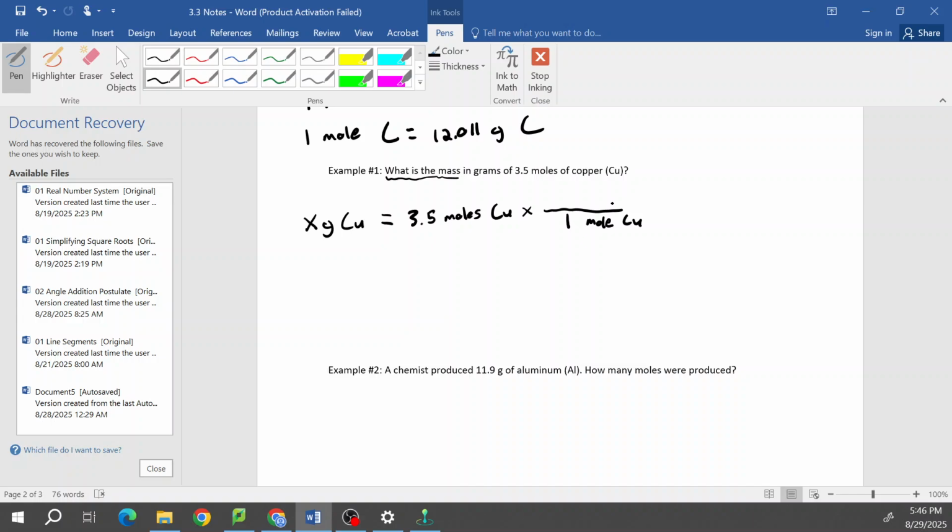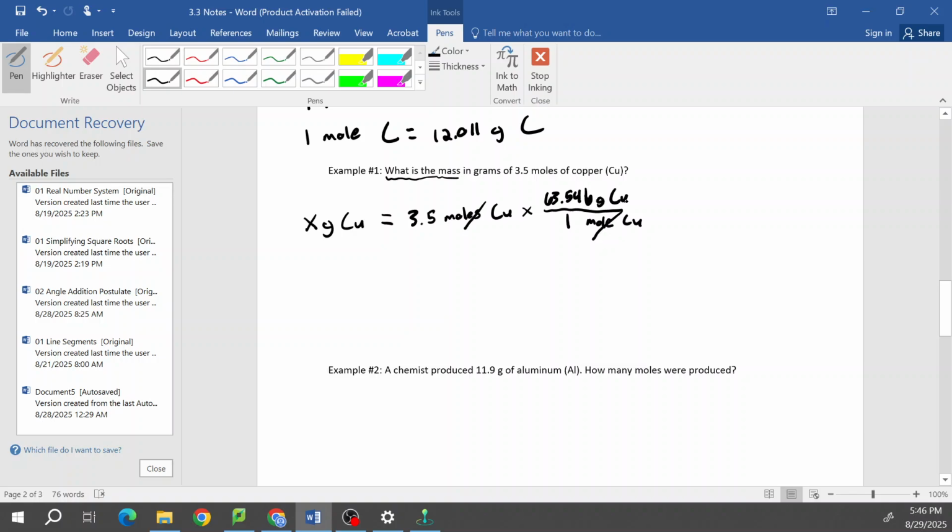So looking at the periodic table, I try to find copper, which is right in the middle, element number 29. And it turns out copper has an atomic mass of 63.546. So that means 1 mole of copper must be equal to 63.546 grams of copper.